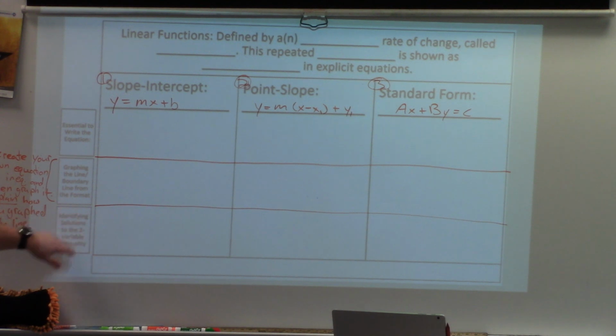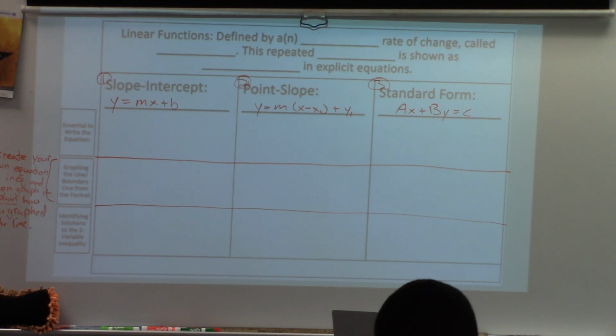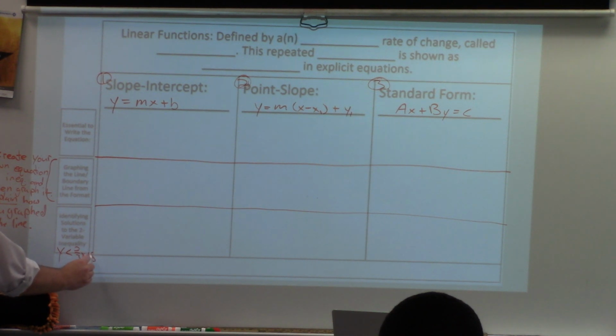And then the last section is on identifying the solutions to the two-variable inequality. When you have a two-variable inequality, what do you end up doing to identify all the solutions? If you were to have y is less than 2/3 x plus 5, you would first graph that boundary line, but then what would you do after you graph your boundary line?